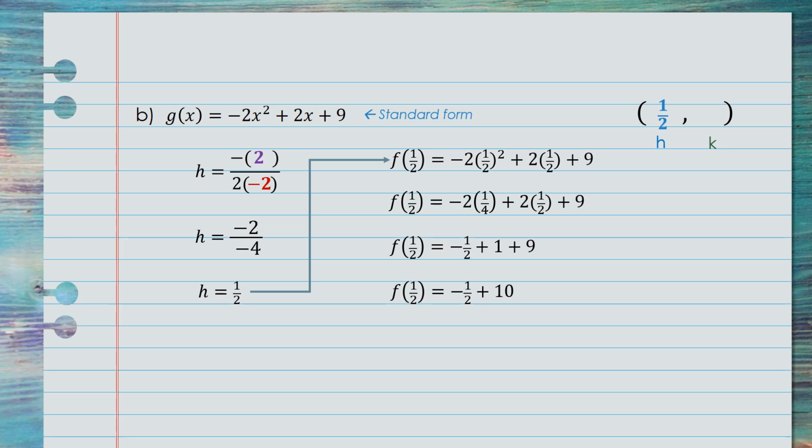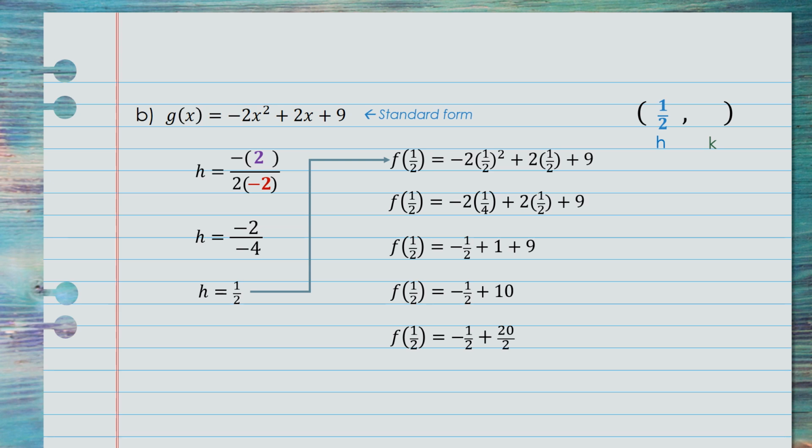But from here, we're going to have to do a little bit of work. Since 10 is not a fraction, we need to make it into one, and we simply do that by writing it as 10 over 1. But because we're being asked to add 2 fractions, they must have a common denominator, which in this case would be a denominator of 2.